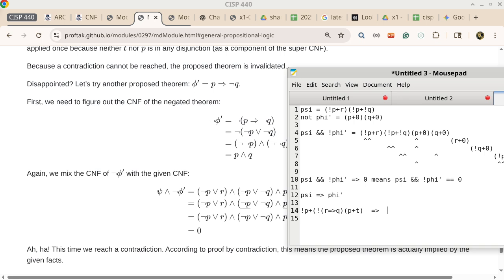So this whole thing implies the negation of P implies not Q. This is basically what we have proven: this expression implies this expression here. Are we doing okay so far with understanding what we have just accomplished? So we're good, maybe? All right.